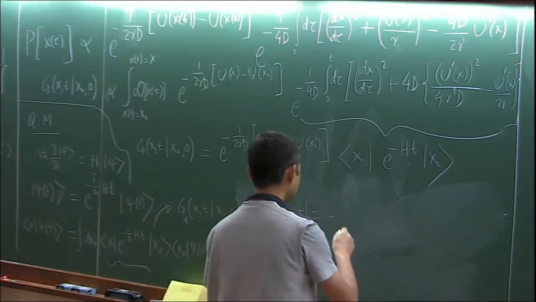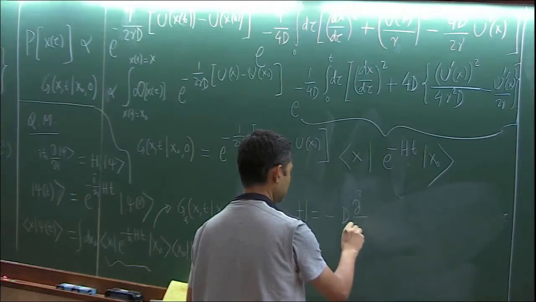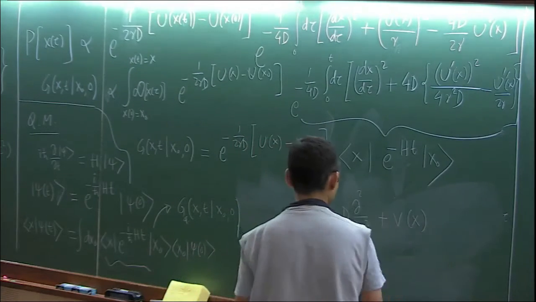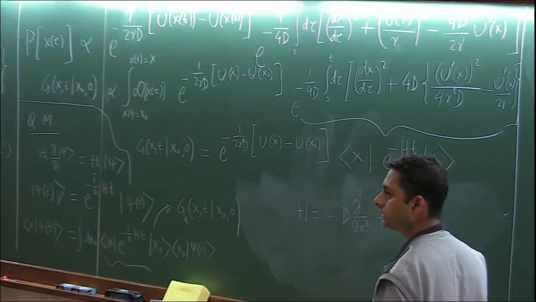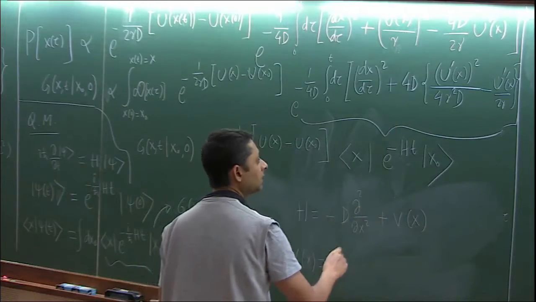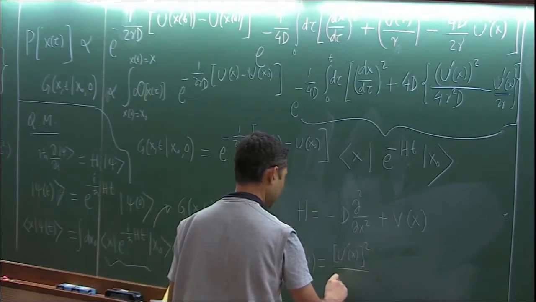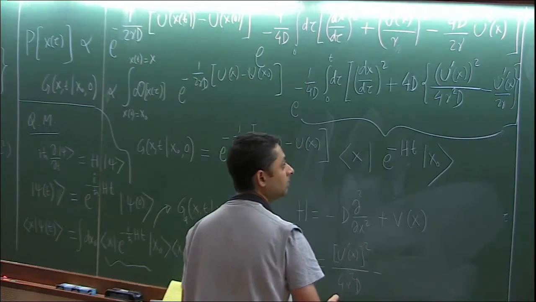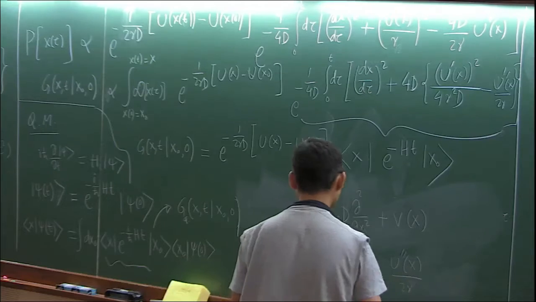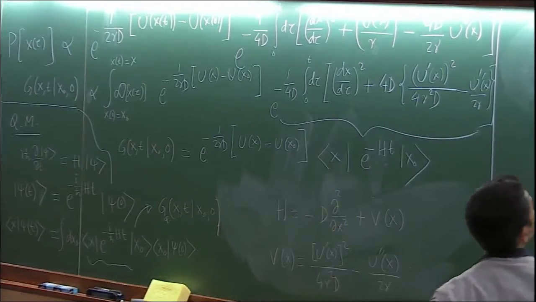So your Hamiltonian is basically d plus v of x, and v of x is given by this one: u prime of x whole square by 4 gamma square d, minus u double prime of x by gamma. Okay, so this is what it gives.